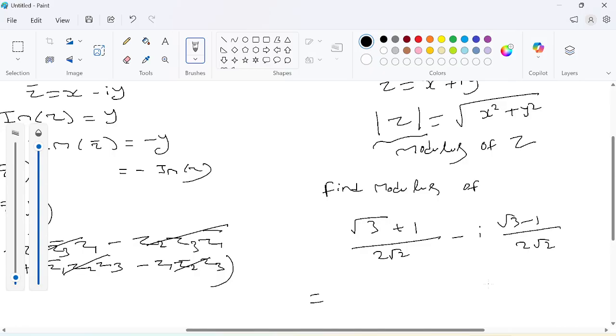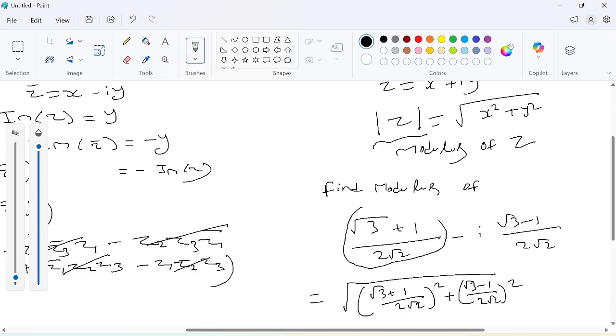So this will be equal to the square root of (root 3 plus 1 by 2 root 2) whole square plus (root 3 minus 1 by 2 root 2) whole square. Because this is in the form of x plus iy, this is your x, this is your y. You have to take the minus also into consideration. Minus of whole square will be plus only.